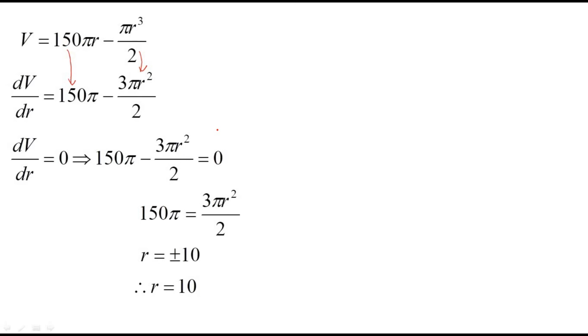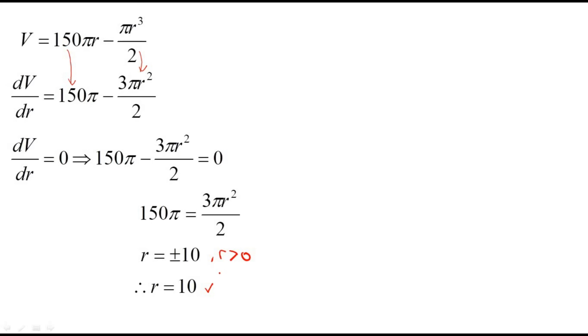But since r is a radius, we have to choose the positive value, so r in this case would be 10. We are still not done yet because we are not sure whether r = 10 gives a maximum. To confirm this, we have to perform the second derivative test.